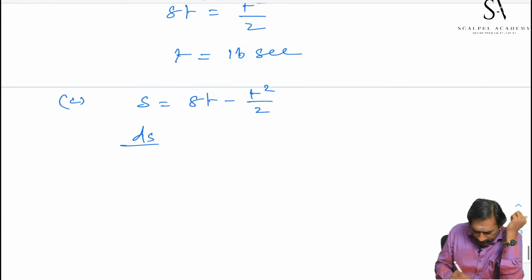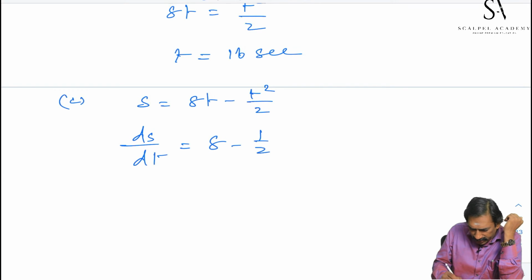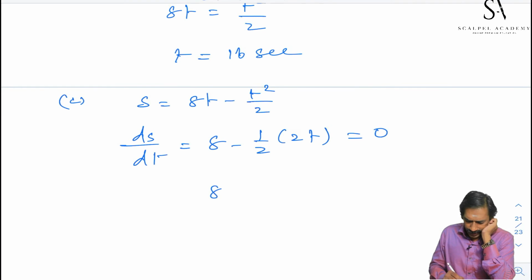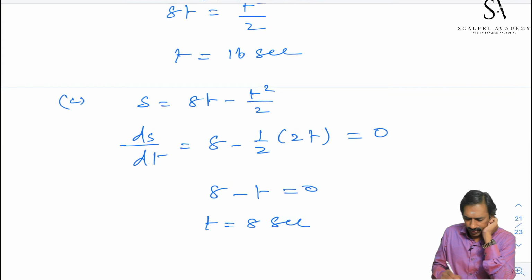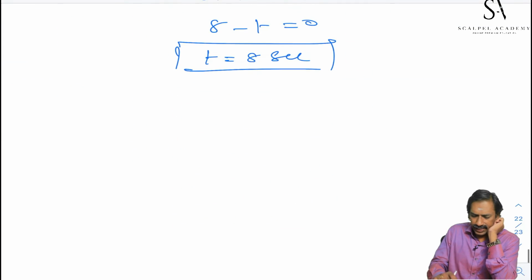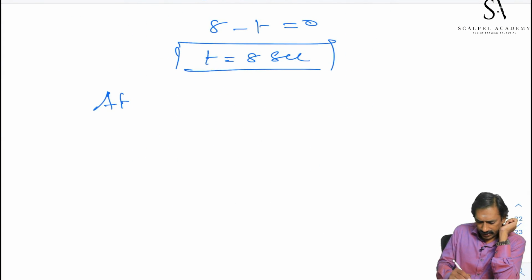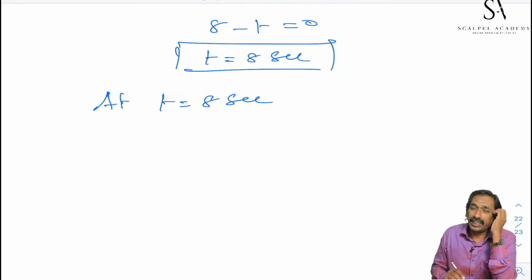Therefore, ds by dt is equal to 8 minus 1 by 2 into 2t is equal to 0. 8 minus t is equal to 0. t is equal to 8 seconds. At t is equal to 8 seconds, the rate of change is 0, it is maximum.